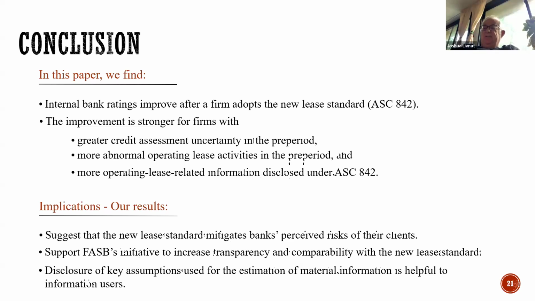Another way to split your sample is not necessarily by the type of assets, but by the length of the period over which the leases extend. I know the information was not available earlier, but you could get a sense of that by looking at the interest expense they report on the income statement versus what would be the next year's expense if you looked at the operating lease.